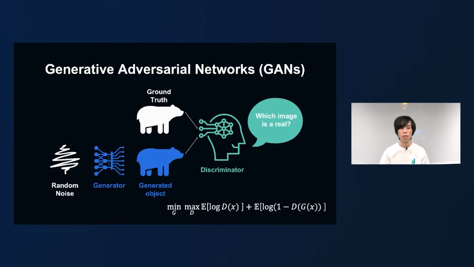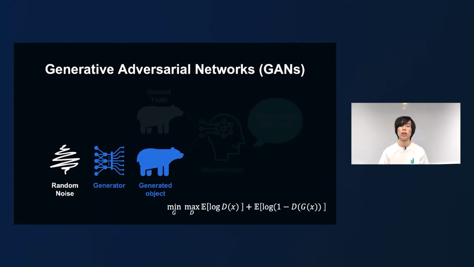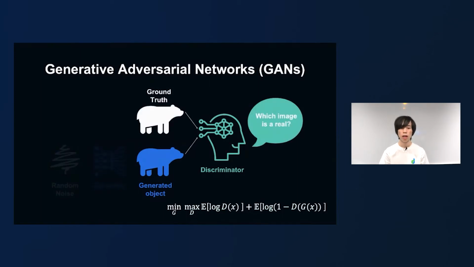You may have heard of GAN for its ability to generate high-quality images. GAN is a framework for acquiring a generative model by making two neural networks, a generator and a discriminator, compete with each other. The generator takes noise as input and generates a fake object. The discriminator takes real and fake objects as input and learns to correctly classify which is fake and which is real.